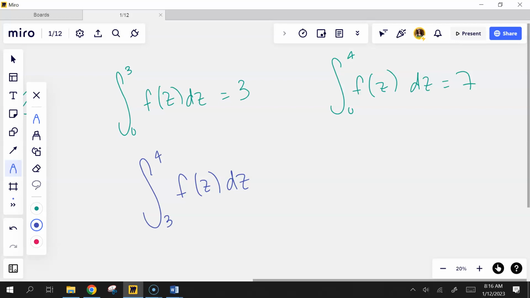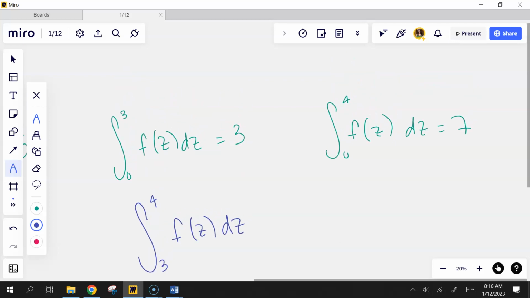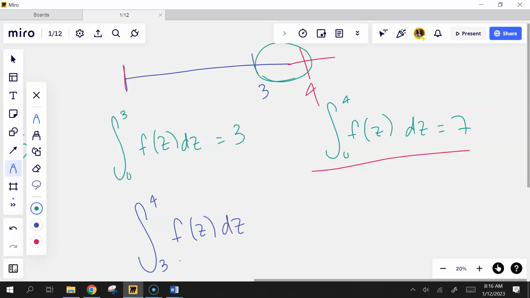Here's what I would do on this one. Let's think about this for just a minute. This one's giving you the area from 0 to 3, that's your first integral. This one is giving you the area from 0 to 4. This one is asking me for this area. I would just subtract them.